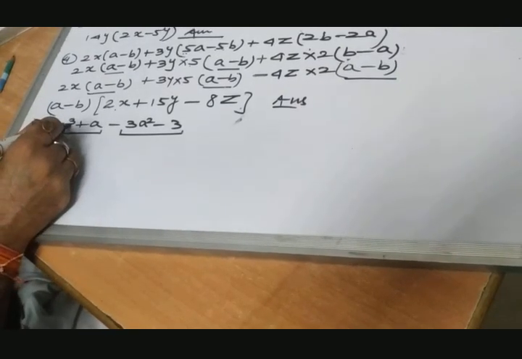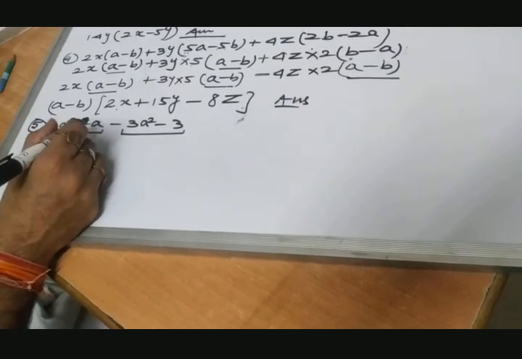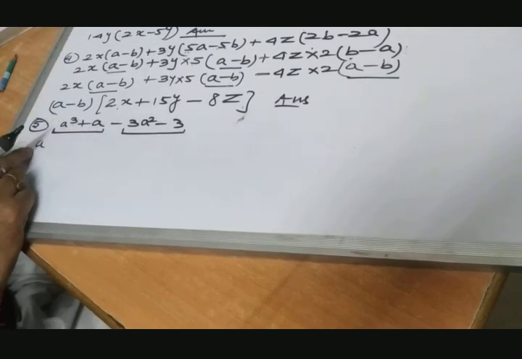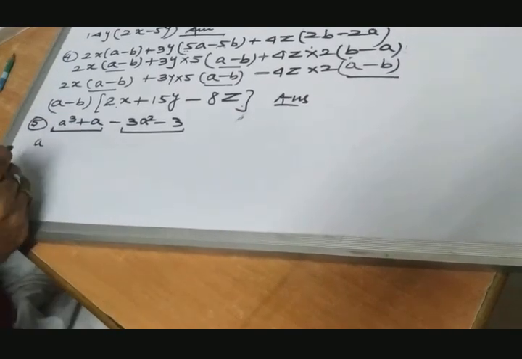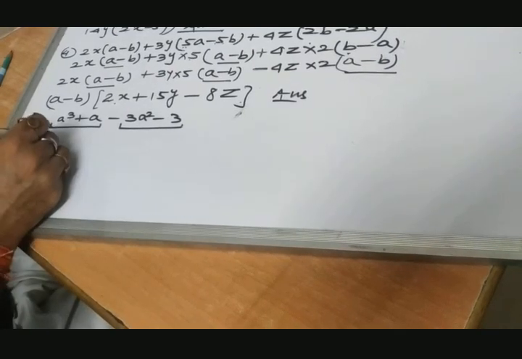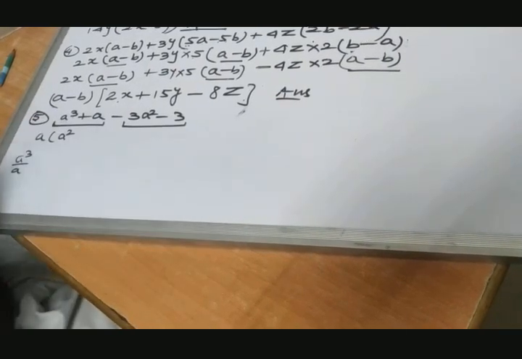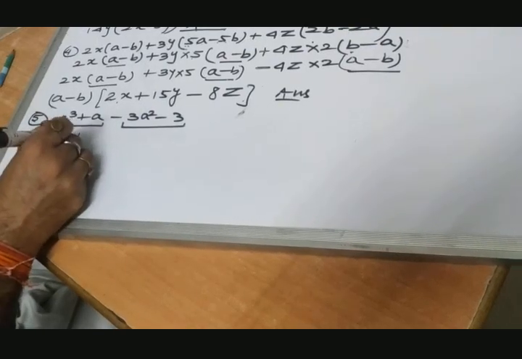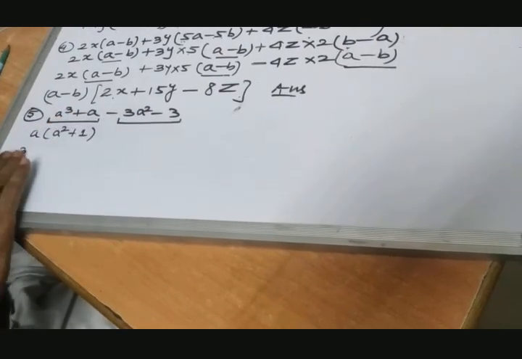First term contains 3 power, second term contains 1 power, so we have to take single power term as the common. Now we divide a cube by common a, so answer will be a square, and a divided by a, answer will become plus 1.